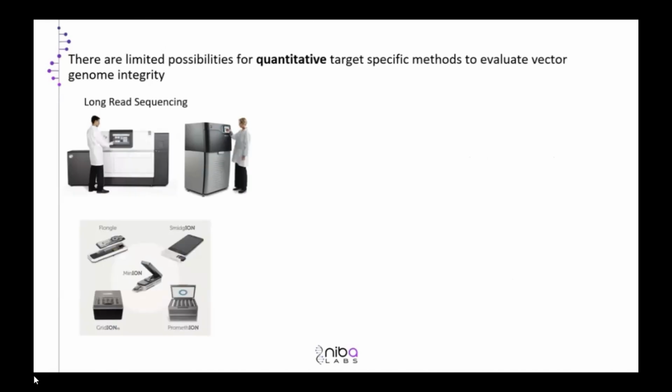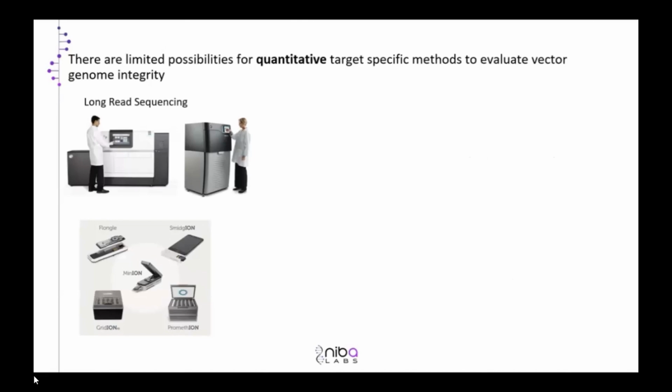Probably all of those who are working in this field are familiar with long-read sequencing, which can give relatively good information on the integrity of the sequence. However, the quantitative aspect is still, let's say, slightly biased due to issues of sequencing bias against shorter reads.